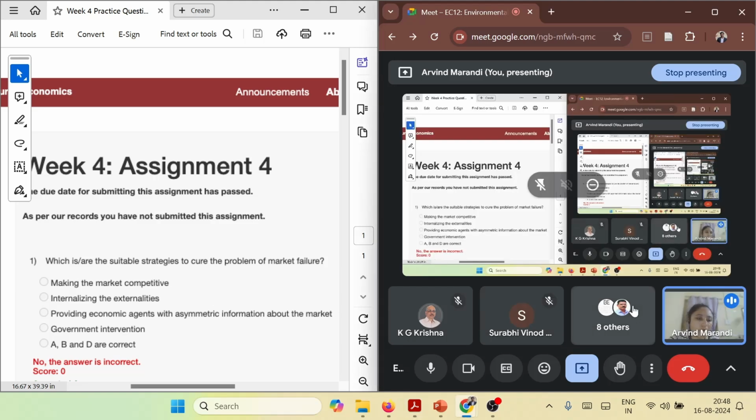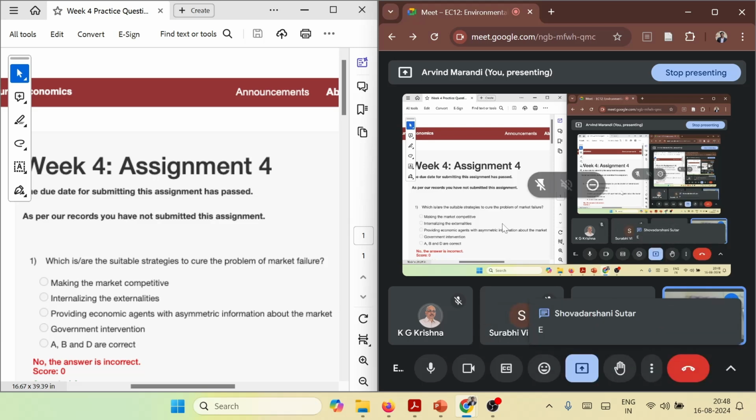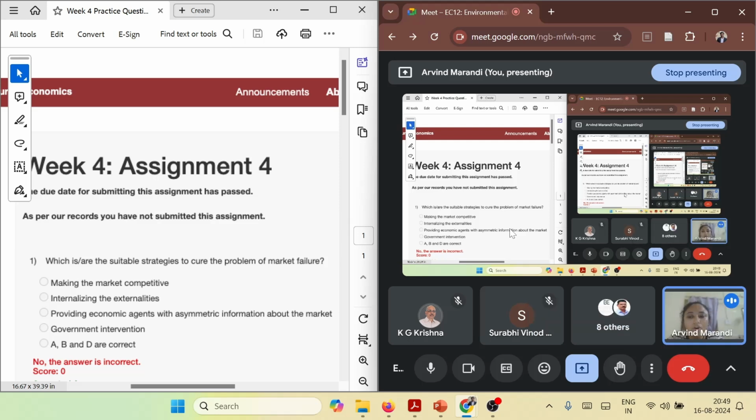You can put your answer in the chat box. The reasons for market failure are improper price signals, imperfect markets, or externalities due to the environment.